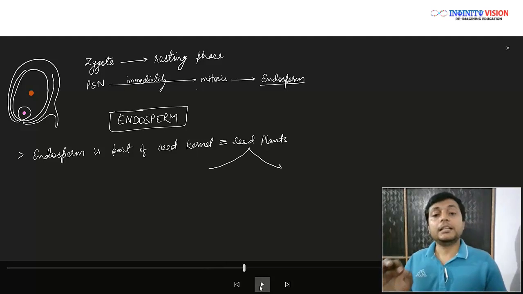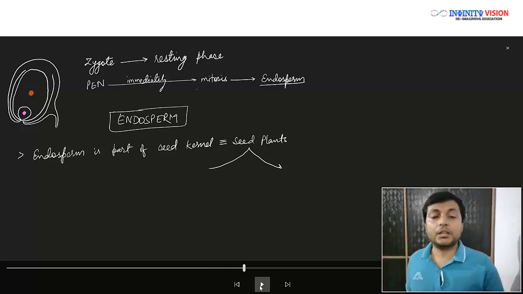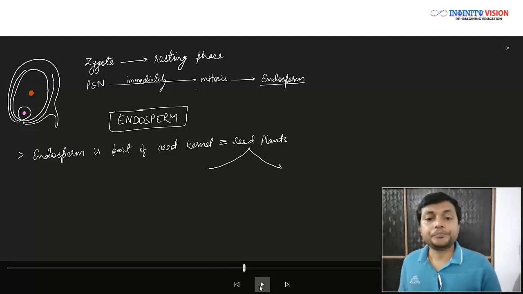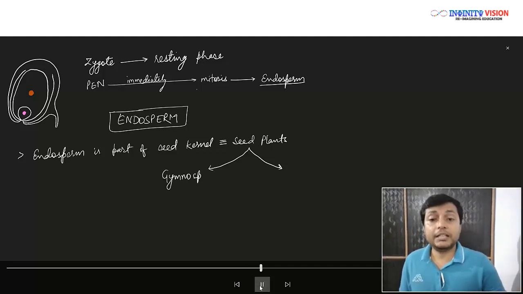Okay, and the seed kernel is only found in seeds. That is, it is only going to be found in plants which produce seed, or so-called seed plants. Now, you know from the plant kingdom that seed plants are only gymnosperms and angiosperms.